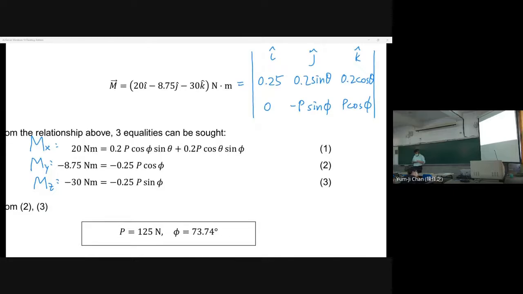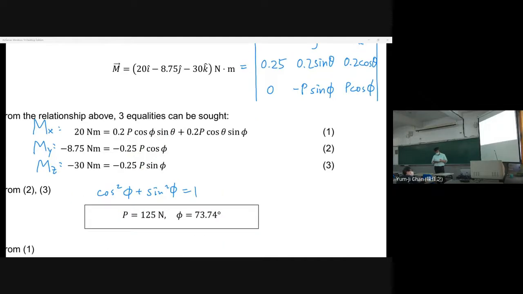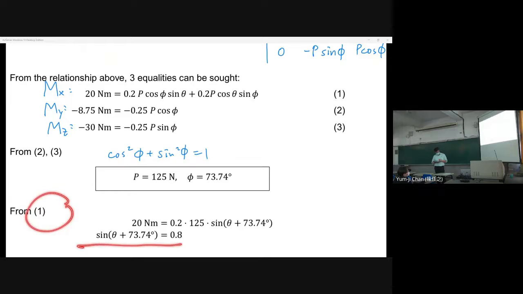And from equations 2 and 3, because cosine square phi plus sine square phi equals 1, we have this one. And then you put it back here, and from equation 1 we get this one.